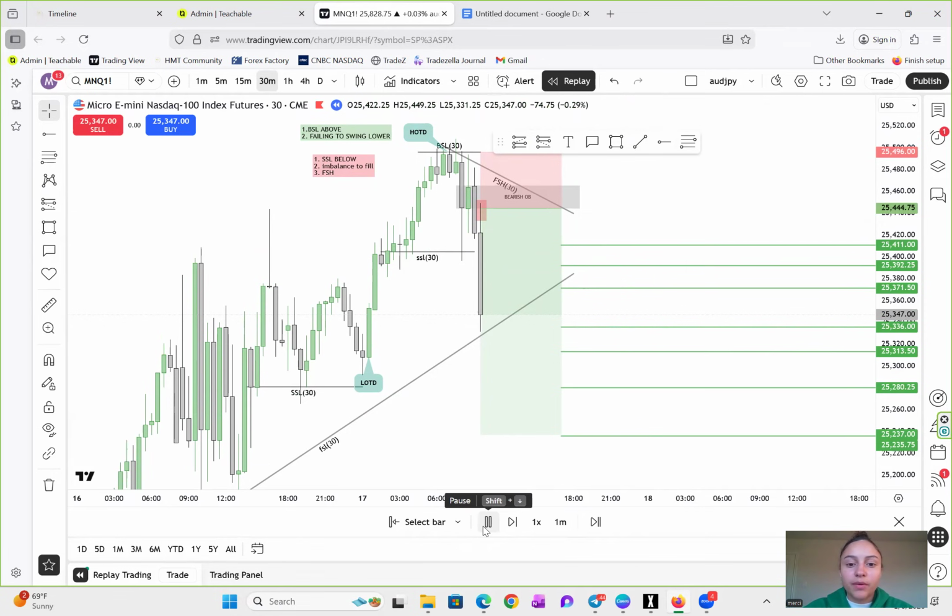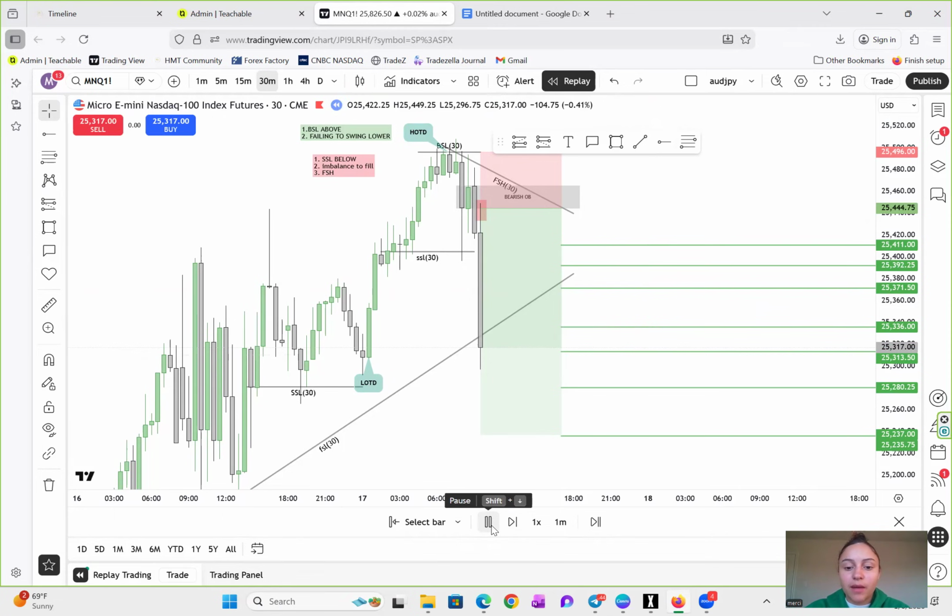Once price hit TP4, I'd take one more contract off the trade, leave one contract running, and move my stop loss to TP2. Once price hit TP5, I'm moving my stop loss to TP3. So I'm trailing it.